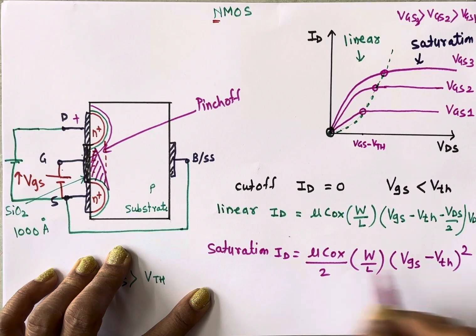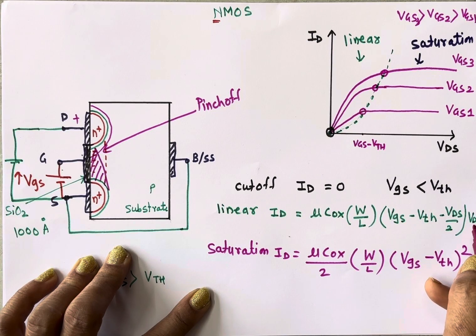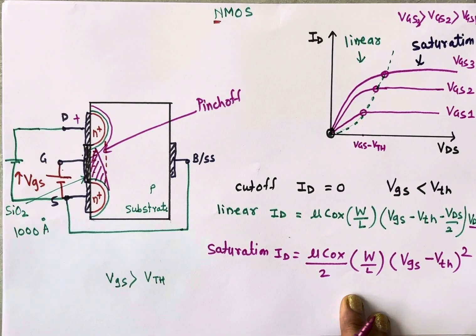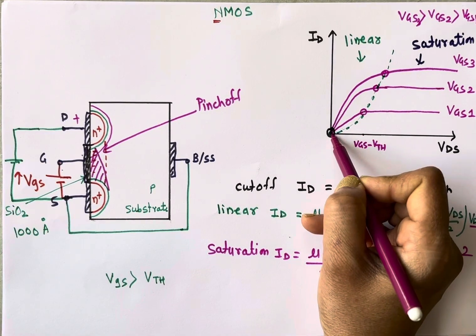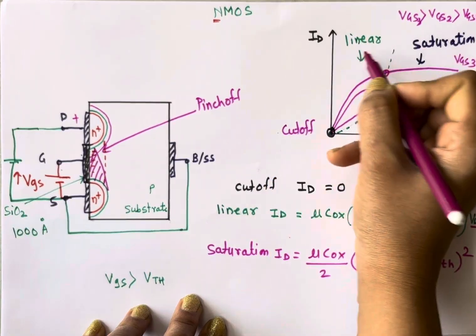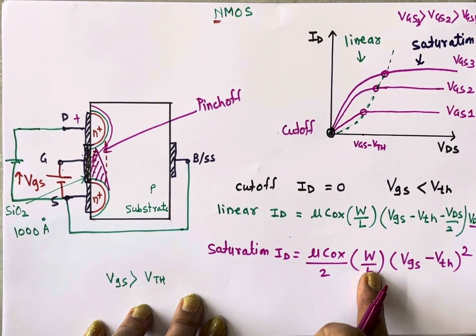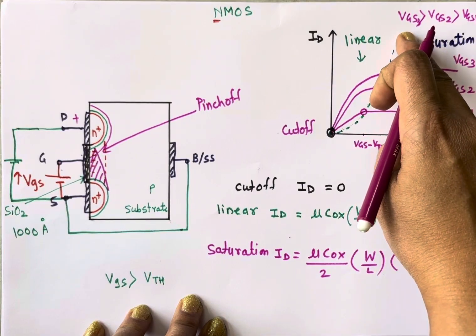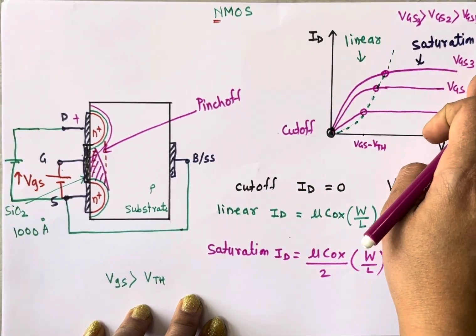Here the drain current is independent of VDS, the voltage between drain and source. So MOSFET works in 3 regions: cutoff, linear and saturation. In the linear region, current increases continuously. In case of saturation, current remains constant.